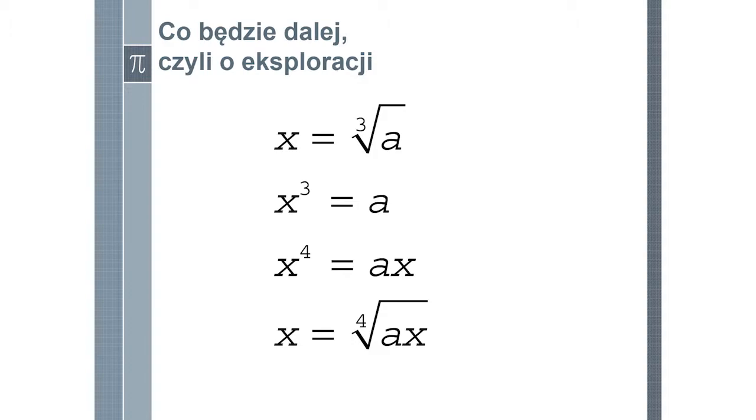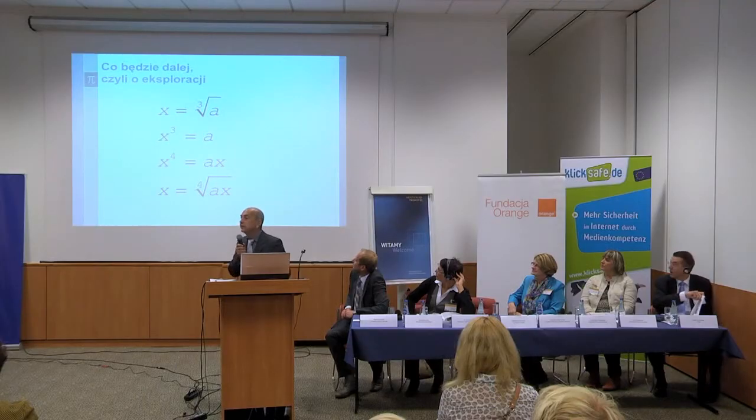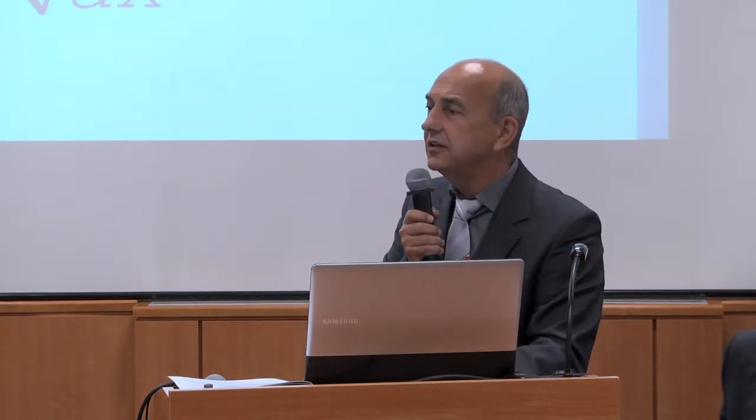A regular calculator will calculate the square root, but the third degree root will not be calculated. We can ask the children, what will happen if we press twice the square root button? But it's not very likely that children will invent it in the class.